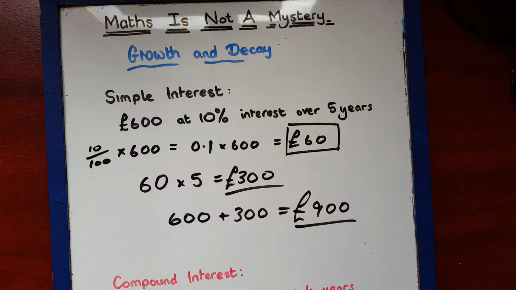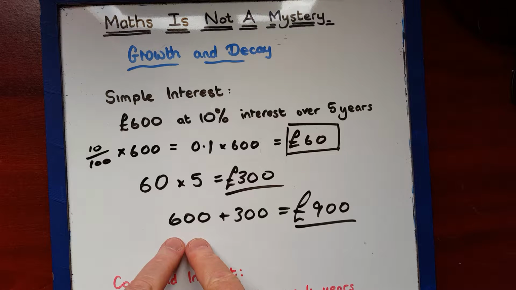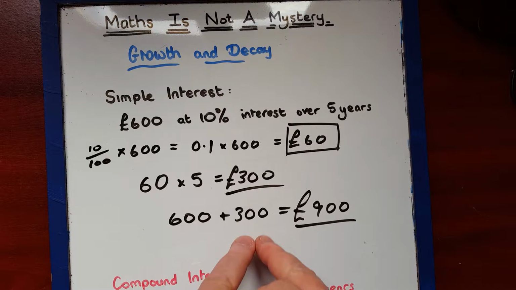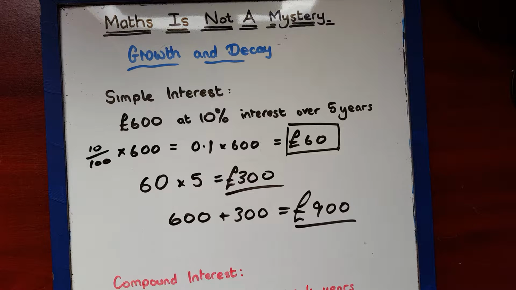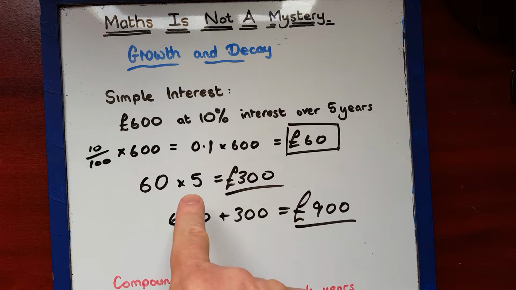So if that was a savings account, it would now have £900 in it because they would have given you 300 in interest. If it was a loan, you would be paying back a total of £900. You'd be paying back your 600 that you borrowed plus your 300 interest. And that's all you do for simple interest. Original amount times the percentage, get your answer, and times it by the term.